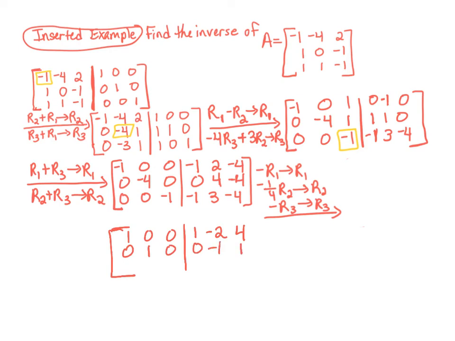And then the third row? Good. That's the identity matrix. A inverse. All of that to say, A inverse is the 3x3 matrix with entries 1, -2, 4, 0, -1, 1, and 1, -3, 4.